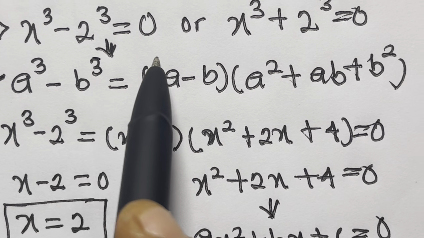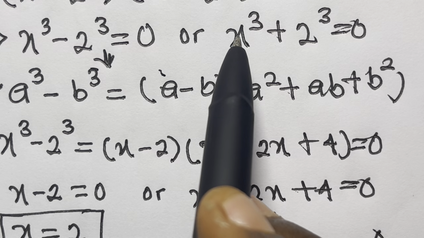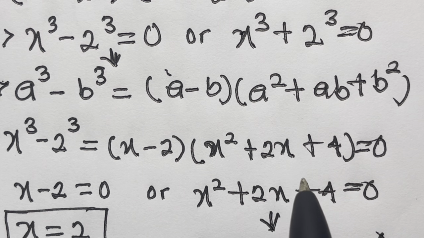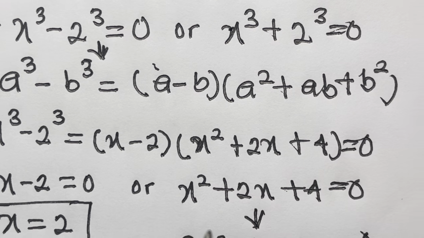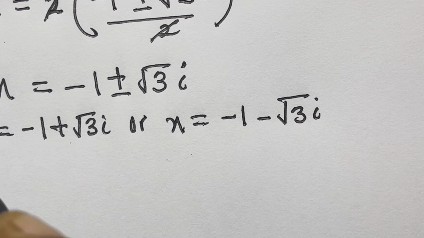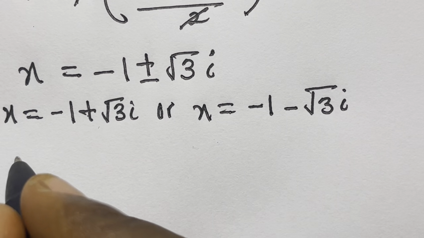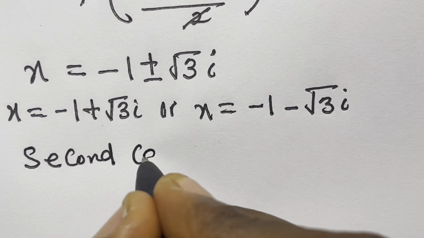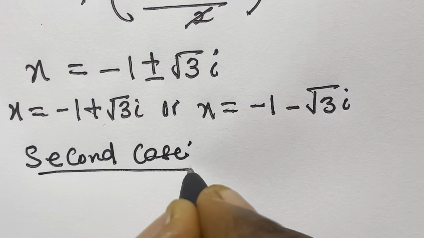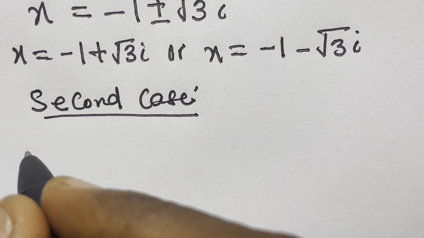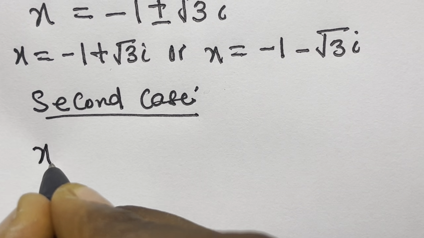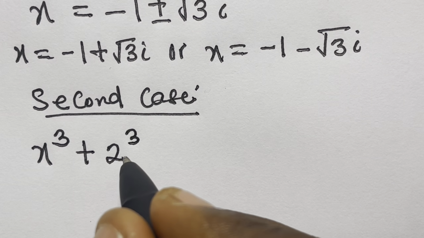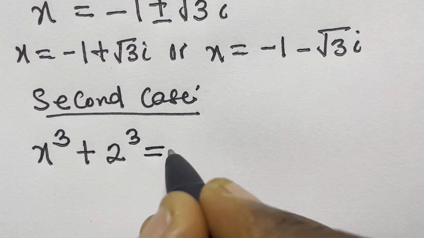We just did this. So x raised to the power 3 plus 2 raised to the power 3 equals 0. So second case, we have x raised to the power 3 plus 2 raised to the power 3 equals 0.